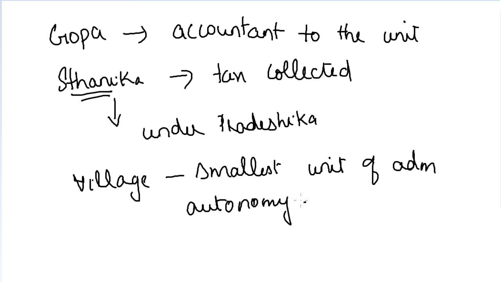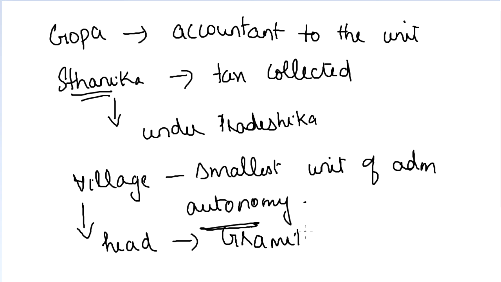Individual villages must have had their own set of officials who were directly responsible to the Gopa. The head of the village was called Gramika, who was assisted by gram-viddhas.